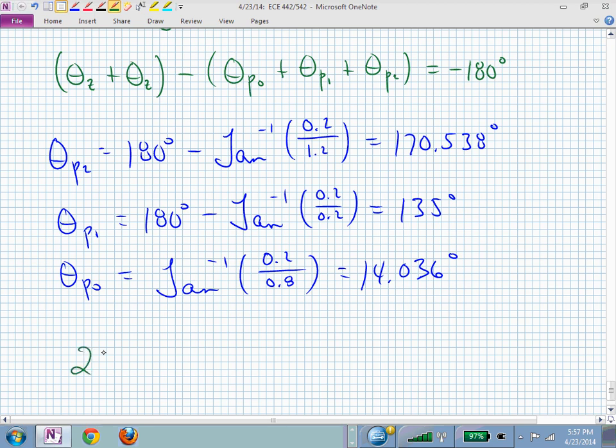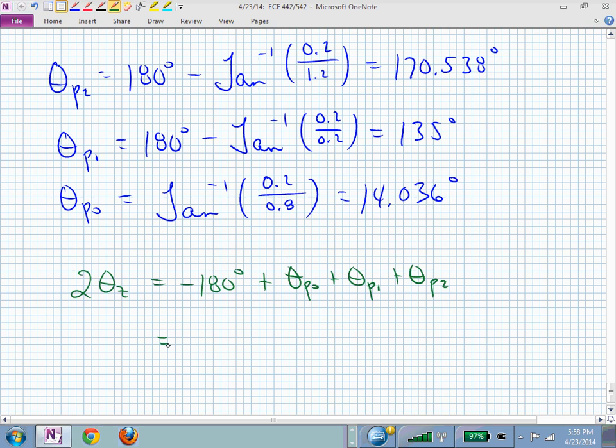So that now we have two of our zero angles, and that's now equal to minus 180 plus all of these pole angles. And if we do that algebra, we end up with 139.57 degrees. But that's two of the zero angles.